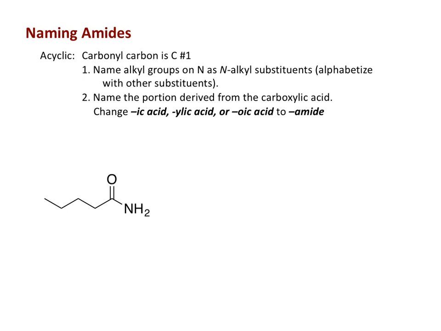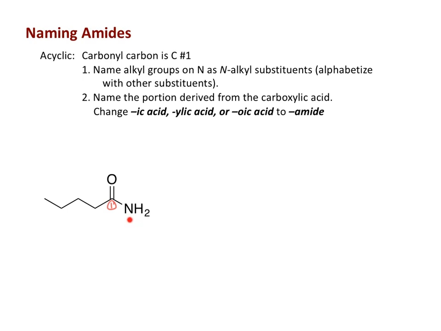Next, we're going to learn how to name amides. So the basic rules are listed as follows. As always, the carbonyl carbon is carbon 1, so we can go ahead and make that carbon 1. We have to name any alkyl groups on the nitrogen as N-alkyl substituents. And what that means is we actually put an N in front of their names to specify that they're on the nitrogen.